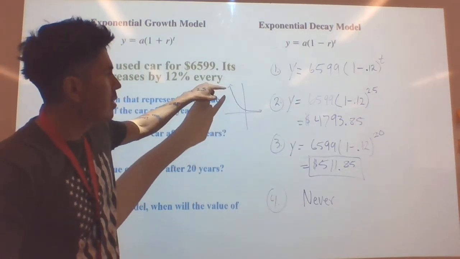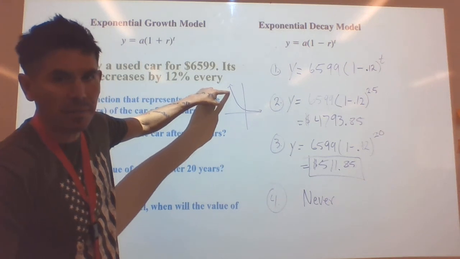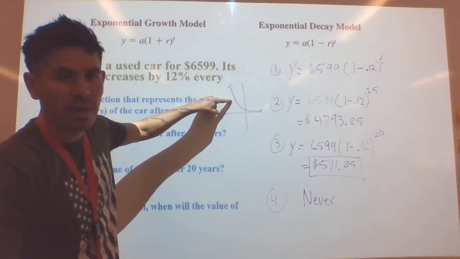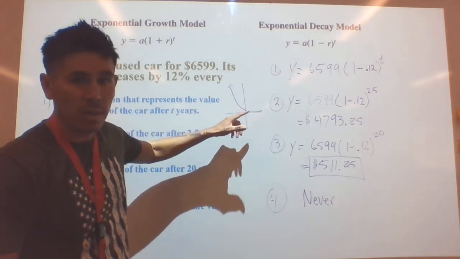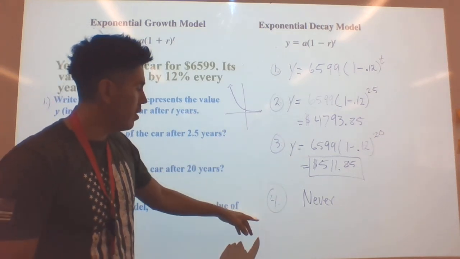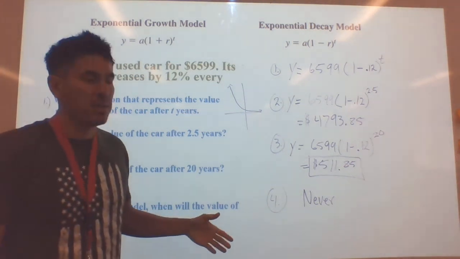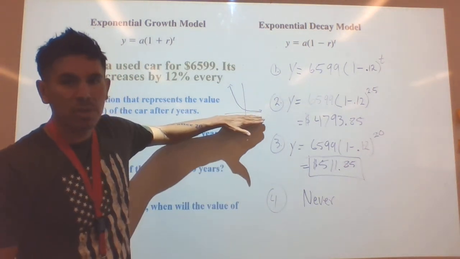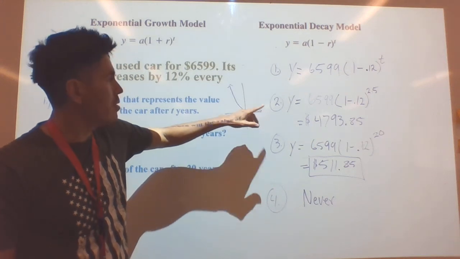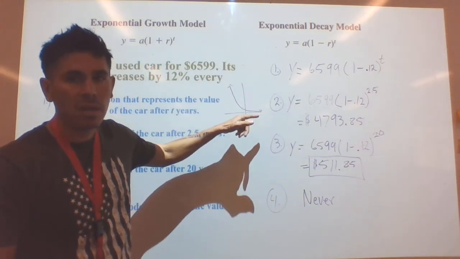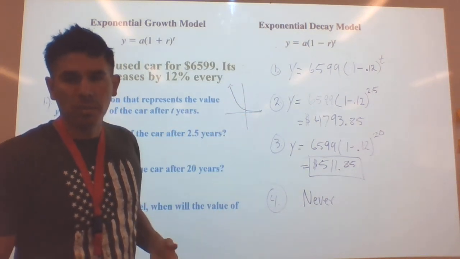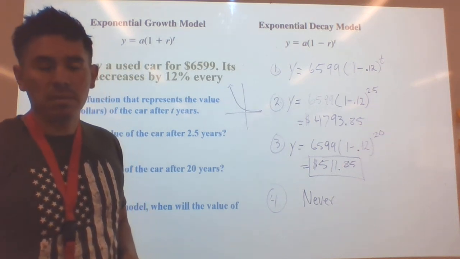We know that the function can never approach what value? It can never approach the y value of 0. So therefore, according to the model, when will the value of the car be 0? Never, because there is an asymptote here, meaning that this function can approach 0, but will never reach 0.